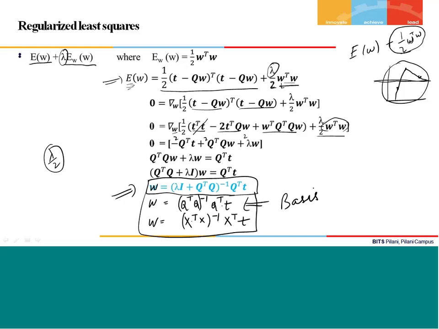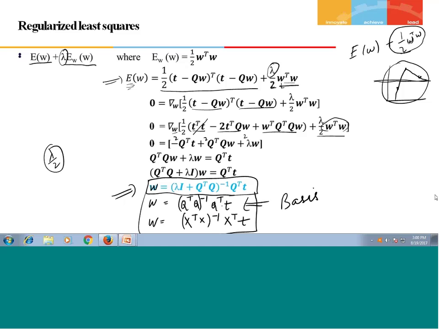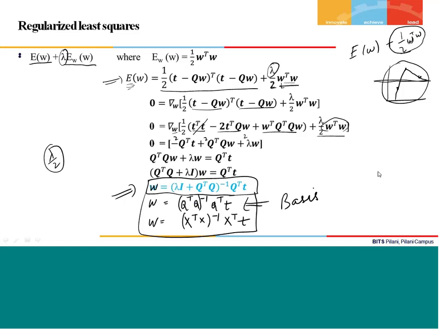Lambda 2 becomes lambda, right? Lambda 2 becomes lambda because this w will get 2w, and this is lambda by 2, so the 2 gets cancelled. This is algebra. You need to see it. No, no, this is not this 2.